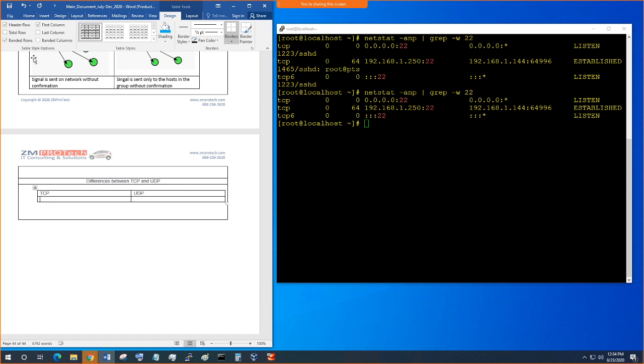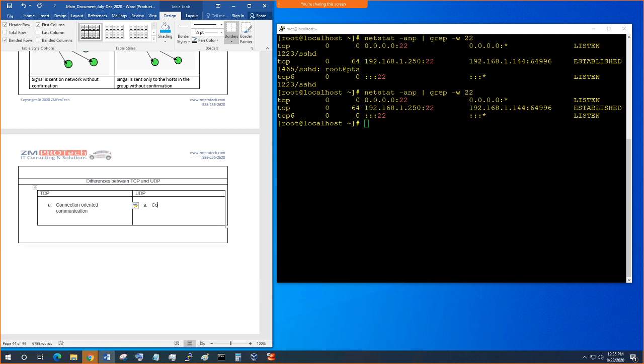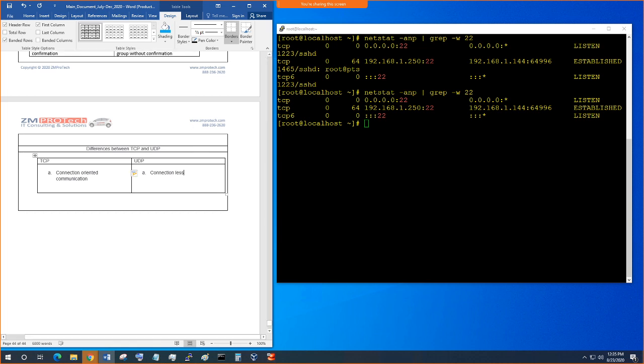So first point is TCP is connection oriented communication. Whereas UDP is connectionless. It doesn't care if it establishes a connection or not.